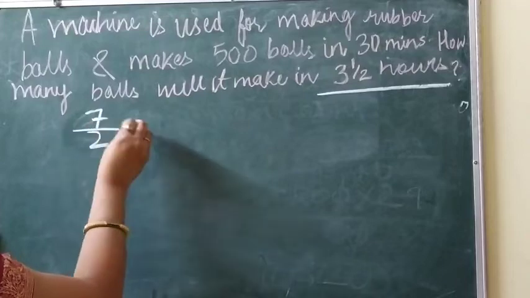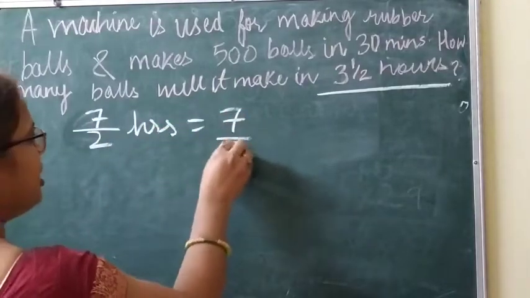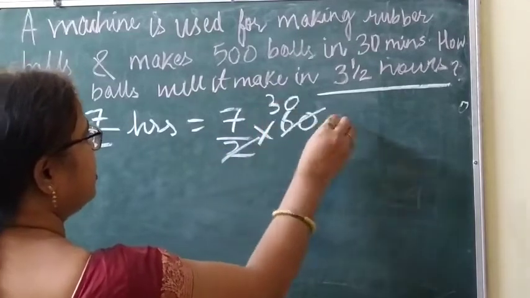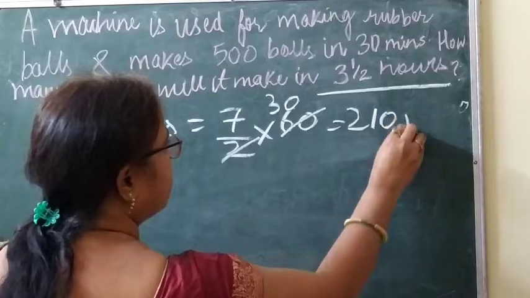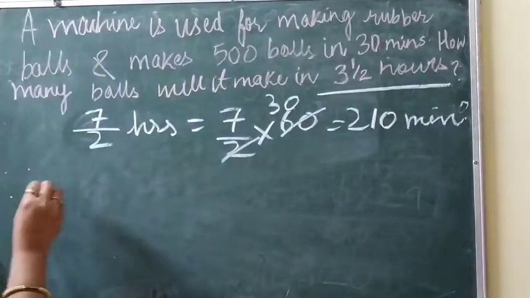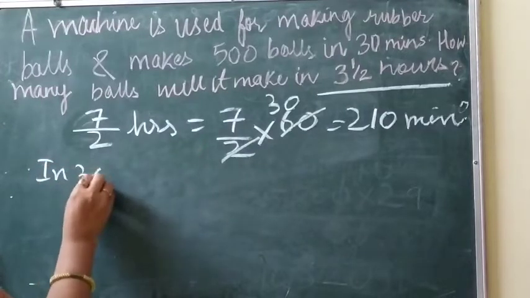So 7/2 hours is equal to what? 7/2 into 60. So this is what? 30 means 210 minutes. Clear?